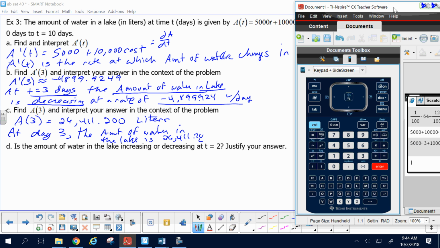Justify your answer. I'll give you a second to think about that. Try it on your own with your math amigos, and we will go over it in a minute. You're required to give evidence for your conclusion. In calculus, looking at the graph is nice, but that's not justification.